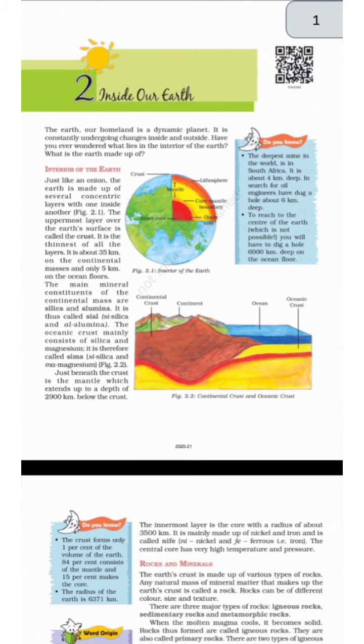Okay. And high temperature and pressure is present in this core region. The minerals present in the core region are nickel and iron. It is called NiFe. Ni for nickel and Fe for ferrous, which means iron.